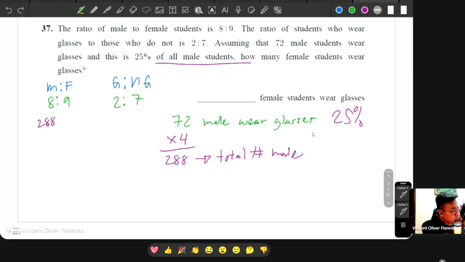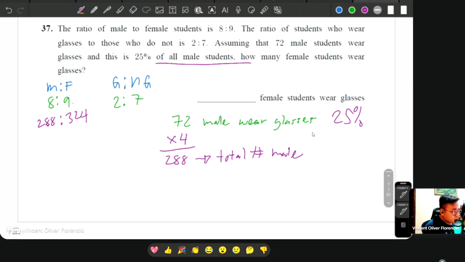Now, if every portion is 36 and you have 9, so 9 times 36 will be equal to 324. Right? So it means to say here that this one here should be 324.